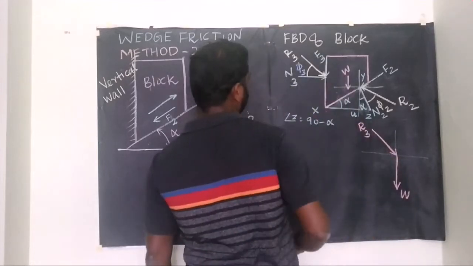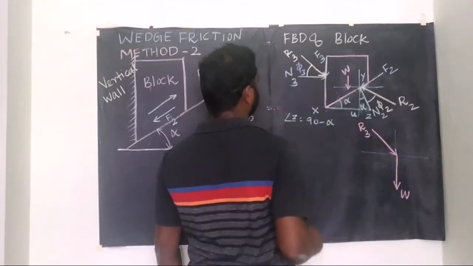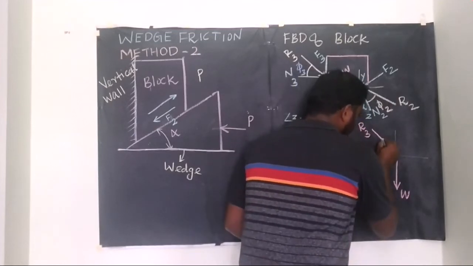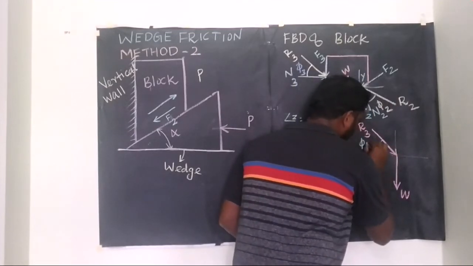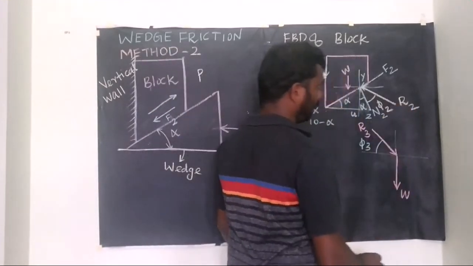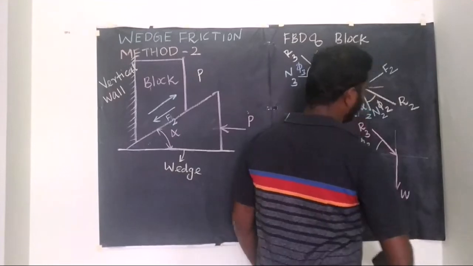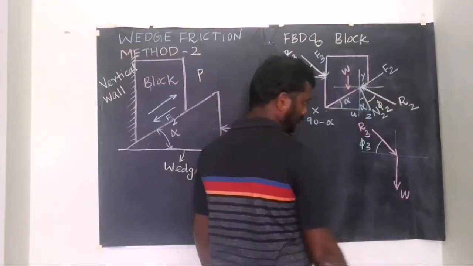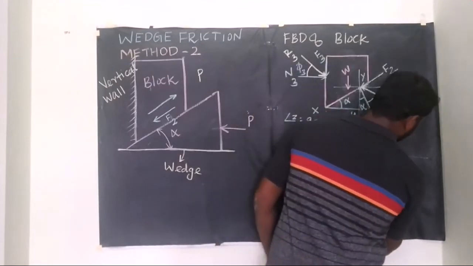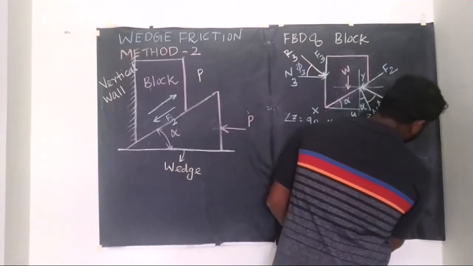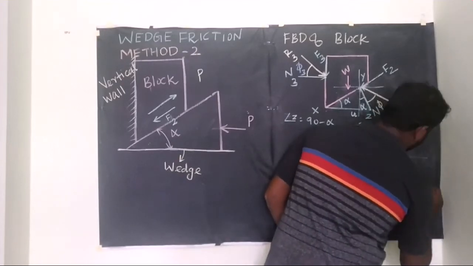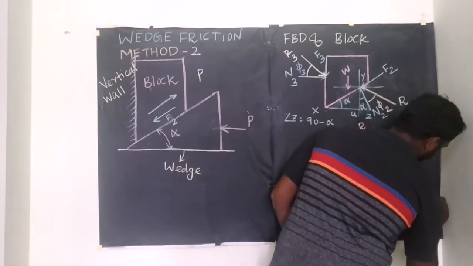This resultant force makes an angle pi/3 with the horizontal line. Then come to the R2 force. Here the resultant force R2 is in the fourth quadrant. That force meets the origin point. This is resultant force R2.